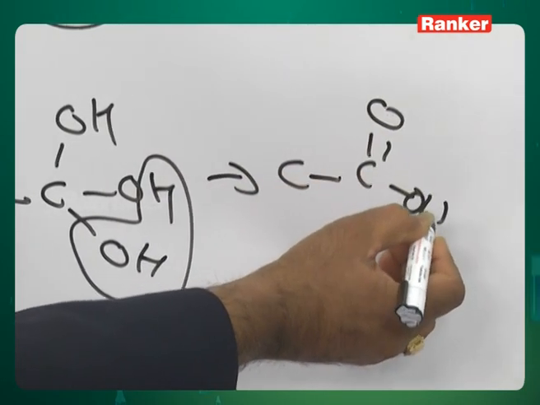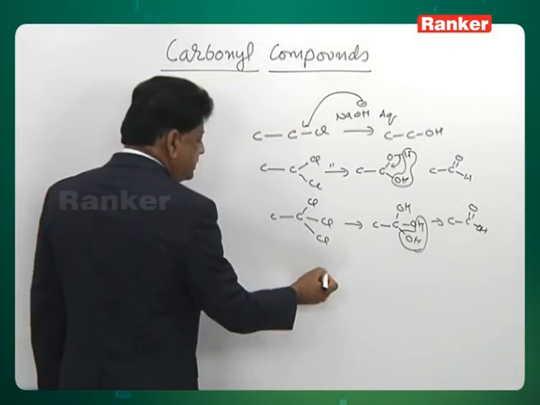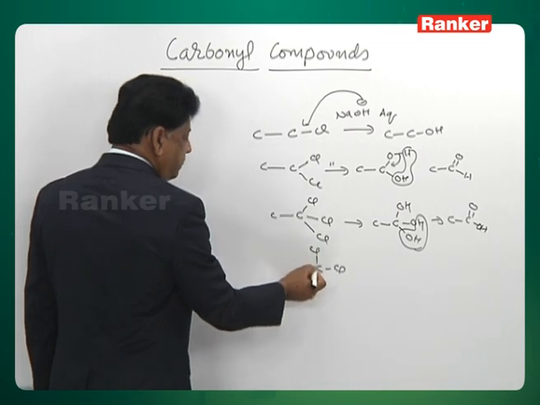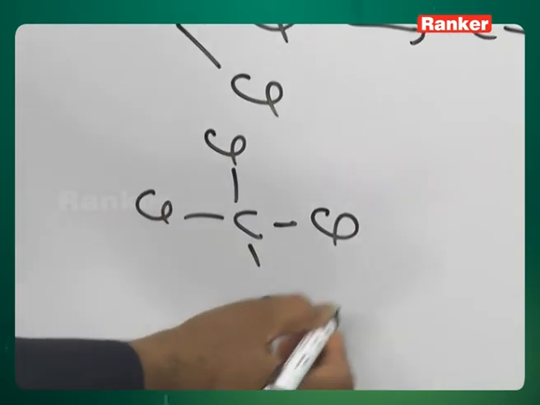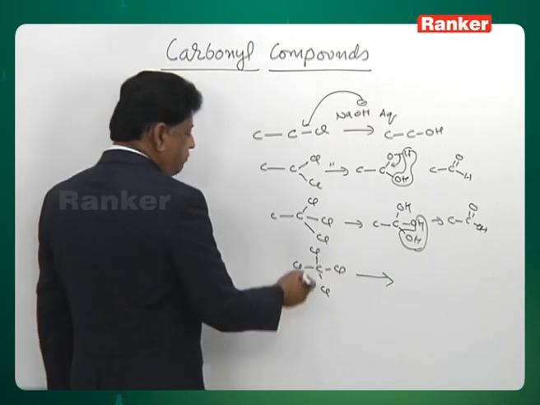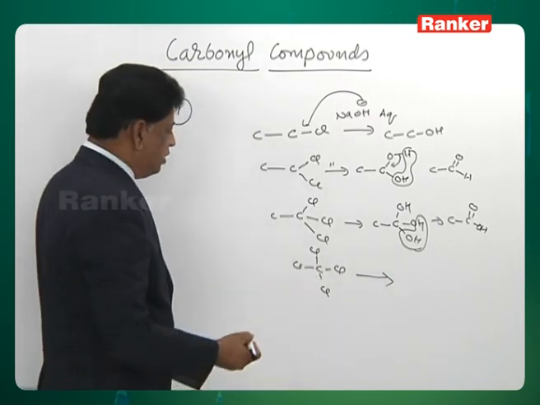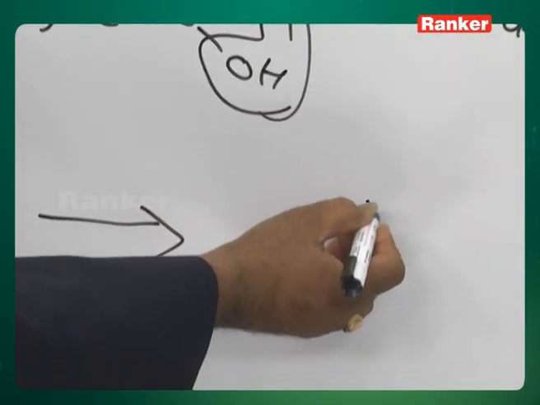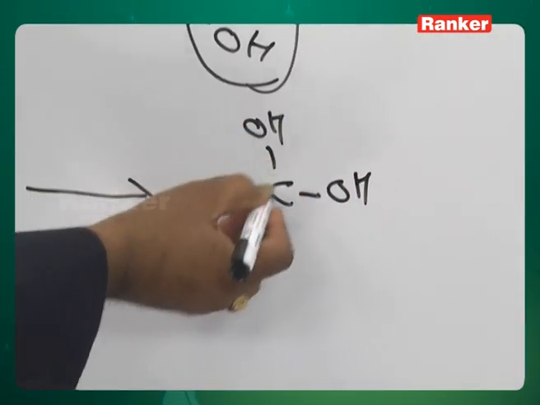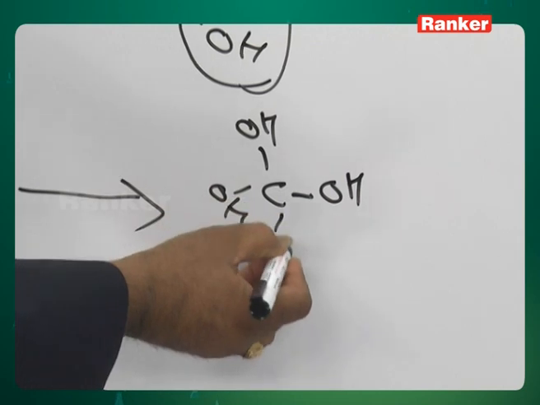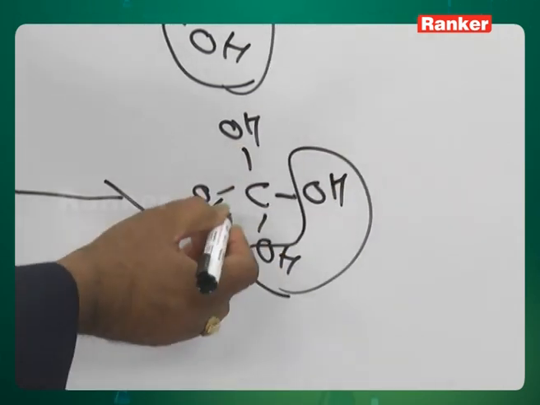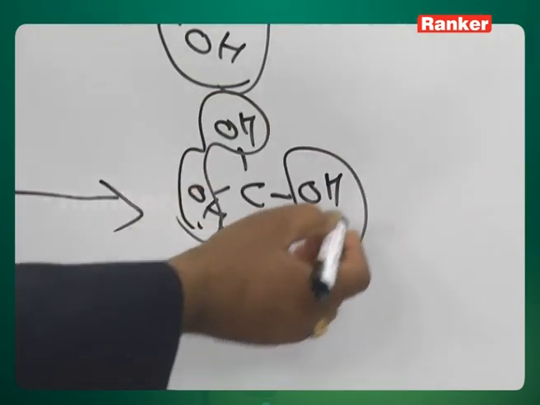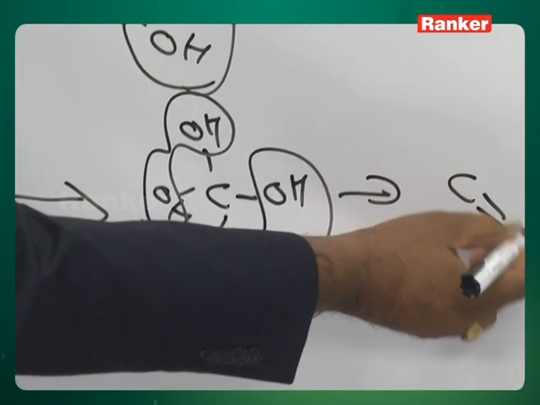And if a carbon possesses 4 chlorines, it also undergoes hydrolysis, which is slightly difficult actually, but even then it gives a compound containing 4 OHs, which is nothing but the elimination of 2 moles of water. So HOH will be eliminated and you will get carbon dioxide.